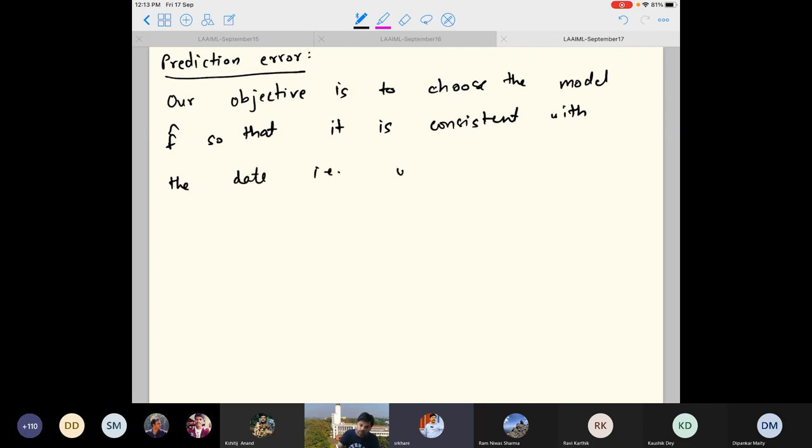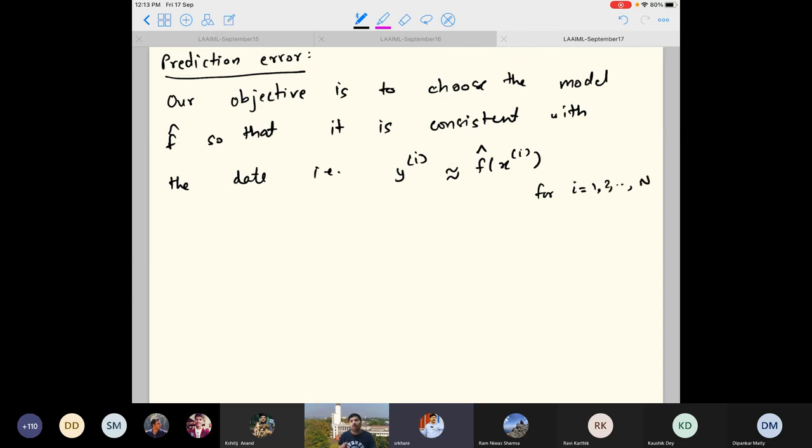That is, yi, the ith observation, is roughly the same as f hat of xi for i equal to 1 to n.